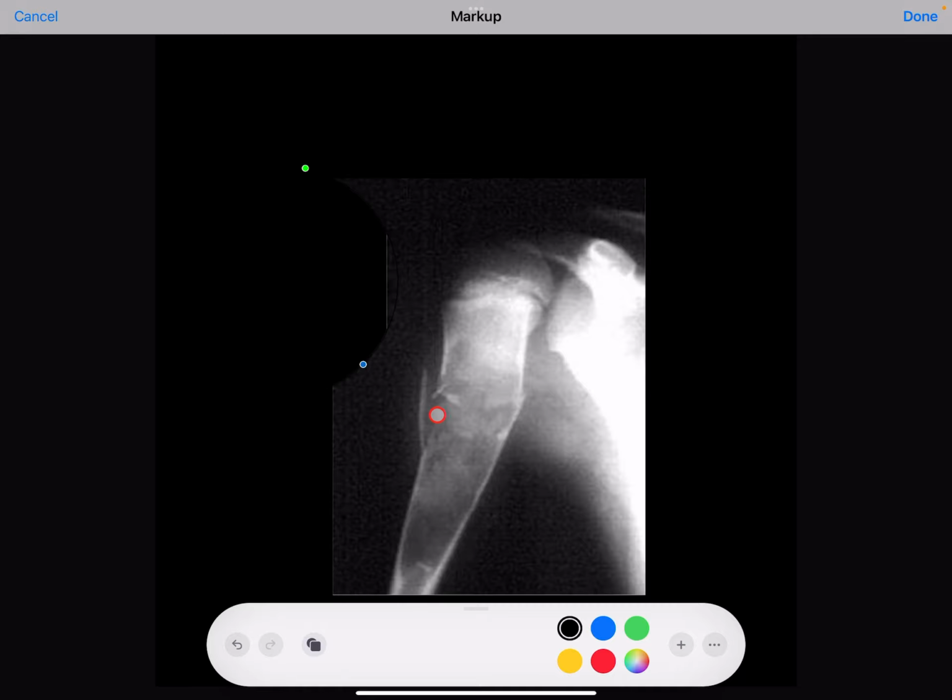So if a lesion is not central, then always exclude solitary bone cyst in your differential. This lesion is not subarticular, so we can exclude the differential of giant cell tumor, and also because the growth plate is not fused.